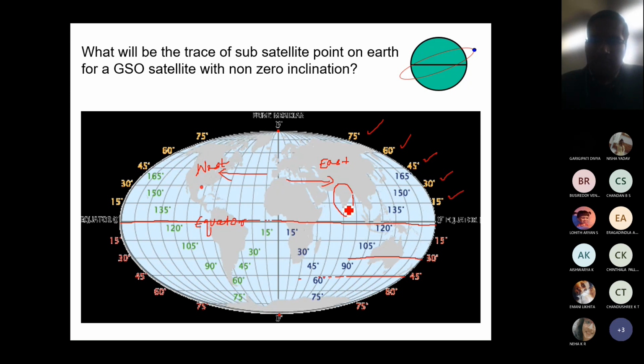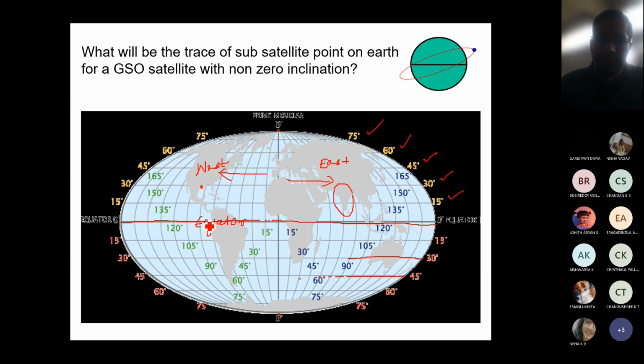In the very beginning of the introduction class of satellite communication, I asked you one question: why are the DTH antennas tilted towards south? I will answer that question in today's lecture. Understood what the equator is? It represents the 0 degree latitude.